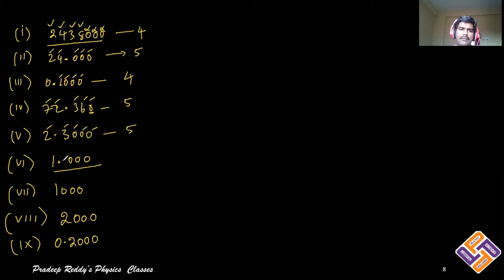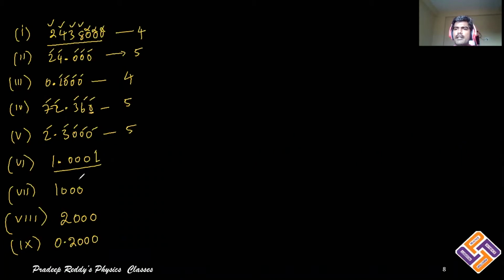Coming to this, after the decimal point, you have 3 zeros and this is 1, 1.000. Sir, you can ask me a question. Sir, this is neither greater than 1 nor less than 1. This is exactly 1. Then what to do? As it is 1 point something, suppose there is one digit here, 1.0001.